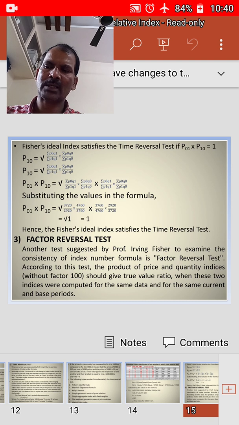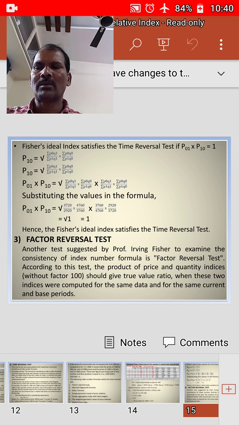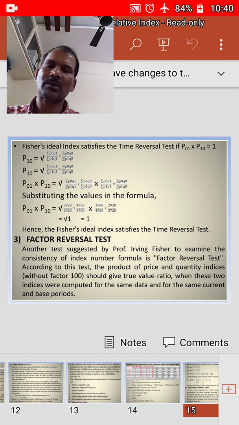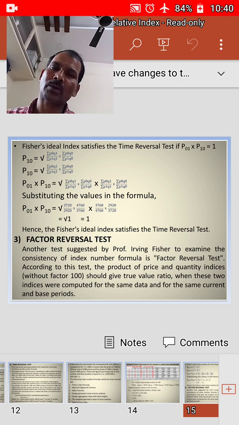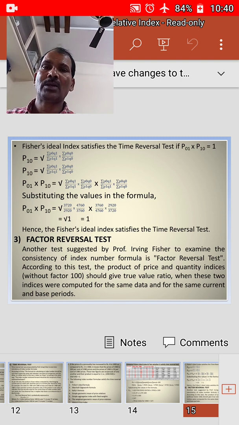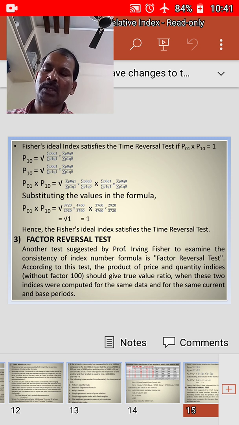Factor reversal test can be symbolically stated as P01 into Q01, which is equal to sigma P1 Q1 by sigma P0 Q0. That means the sum of the product of current year prices into current year quantities by the sum of the product of base year prices with base year quantities, right?